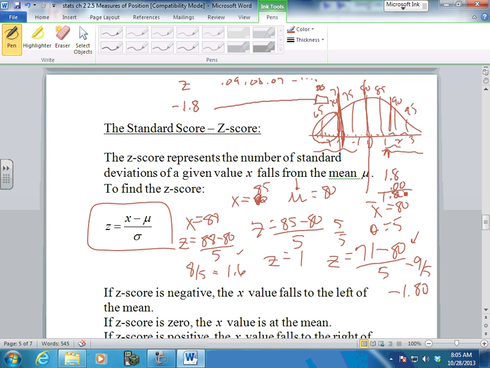We have to find the hundredths position. Think money. These are the pennies up here. This is a dime. So when we add your money, this will be 1.89, 1.88, 1.87. It's just like money. You're going to get two positions of your decimal. So when you pull this out, tell me what that number is. Go to your chart, look at the negative 1.8, and come all the way across to the zero.